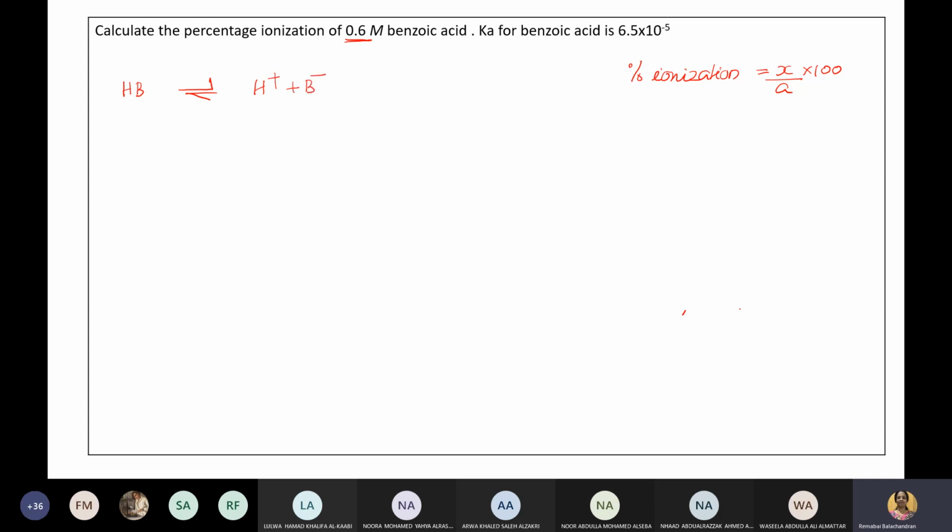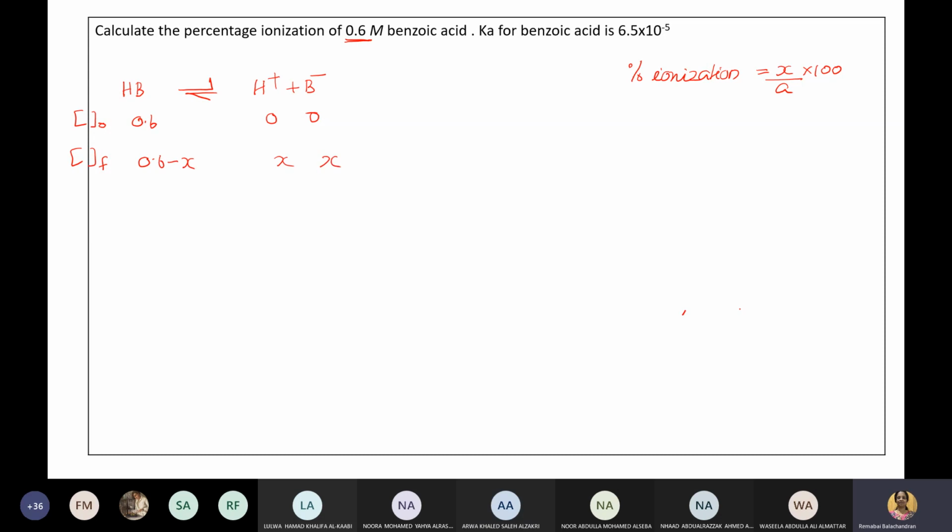Now tell me please, what's the initial concentration? 0.6. Yes, 0.6. Here it is 0, 0. Final concentration, please. 0.6 minus x, x.